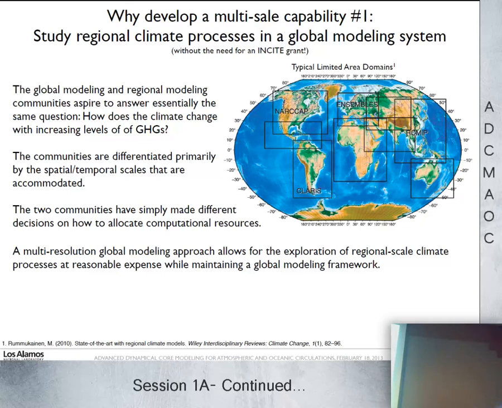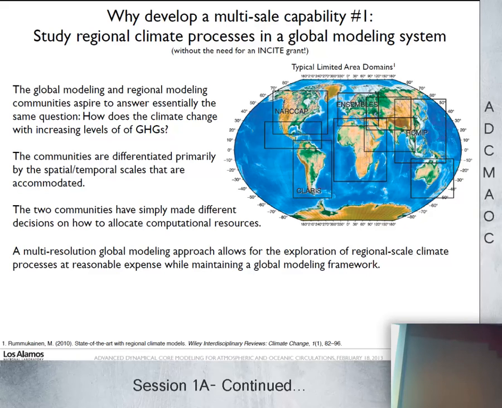And it might be surprising, but it turns out that running a global model is cheaper than running a limited area model. And now you think to yourself, how in the world can that be? Well, if you do, say, 30 kilometers within your region of interest and 240 elsewhere, just take the NARCAP, it turns out that about 80% of your computational resources are inside your region of interest, which means you're only spending 20% of your computational resources to simulate the whole rest of the sphere.